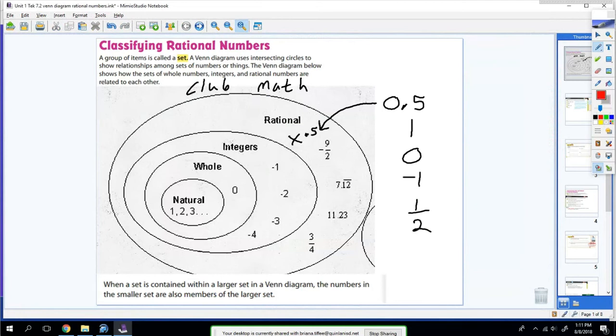Next, number 1 enters the room. So 1 is in the rational room enjoying its time, but it wants to get further into the club. So then it goes into the integer. The reason why number 1 can be an integer is because it's not a fraction nor a decimal.